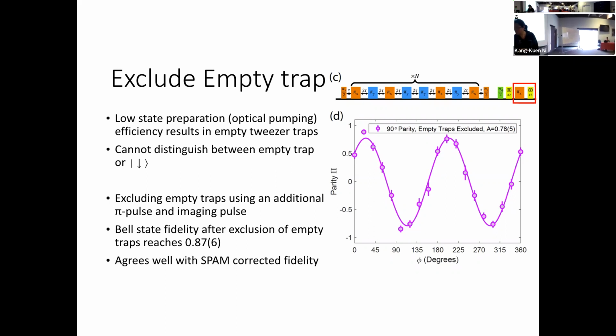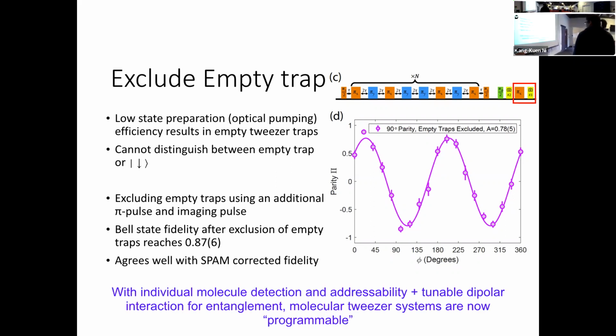Okay, so with that, let me just say that with individual molecule detection and addressability, plus now tunable dipole interaction for entanglement, these molecular tweezers are now programmable in the sense that we can put in the Hamiltonian we want, and then do quantum simulation or quantum information.